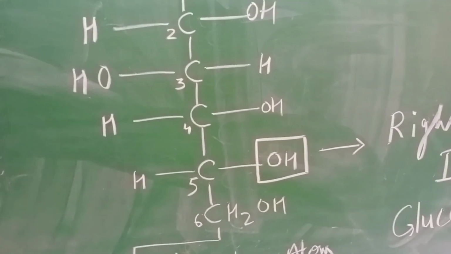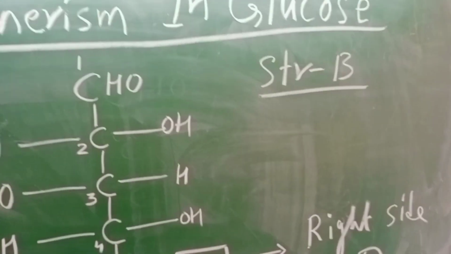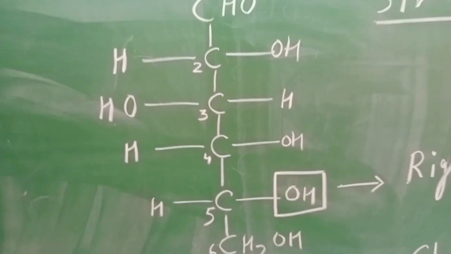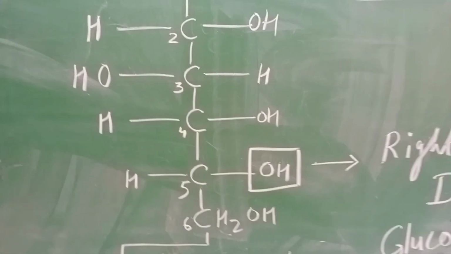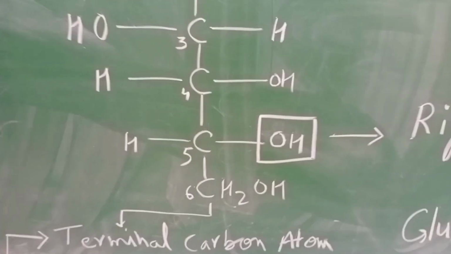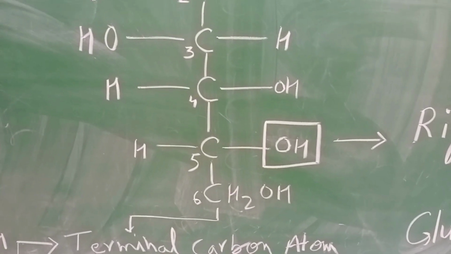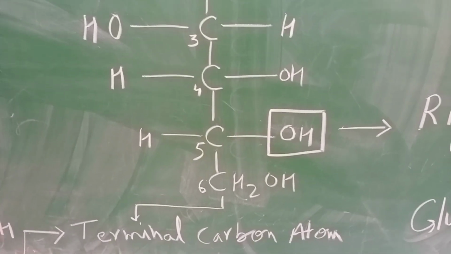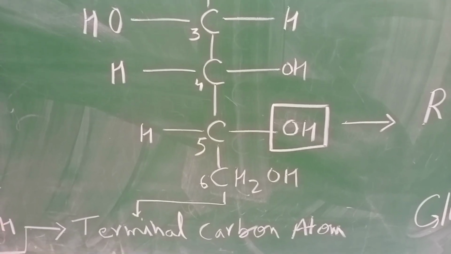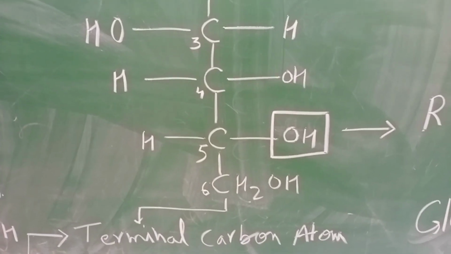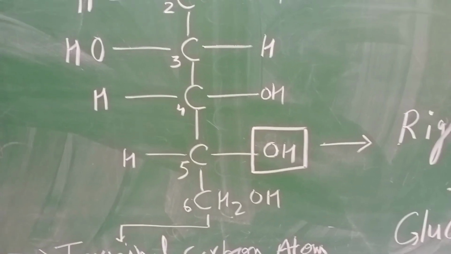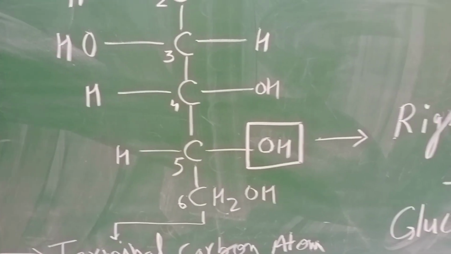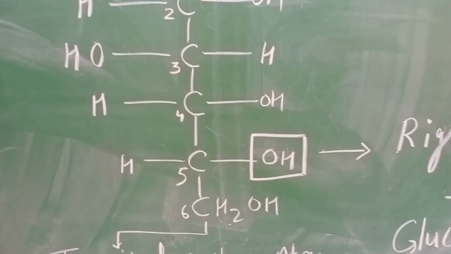In structure B, we again have to know the orientation of the hydroxy group on the 5th carbon atom, and you can see that the hydroxy group is present on the right side, in contrast to structure A.